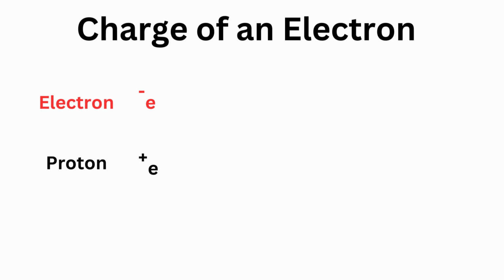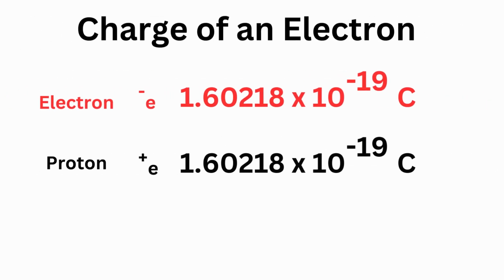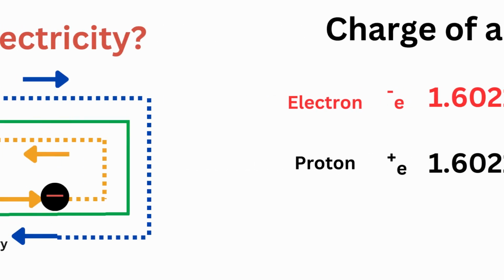So the magnitudes of charge will be the same, though their polarities are opposite. This is the value of charge of an electron: 1.60218 into 10 power minus 19 coulomb. This is a value to remember throughout your life.